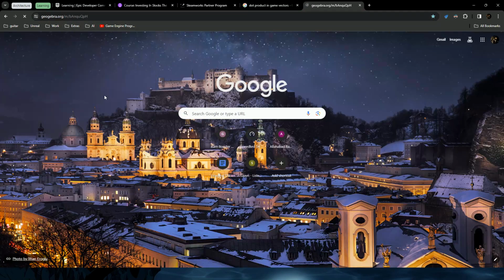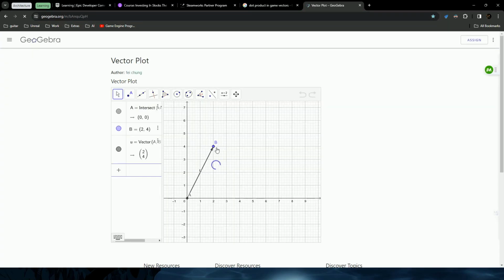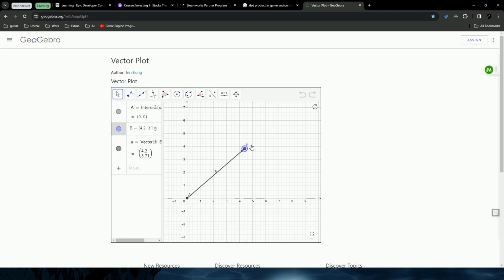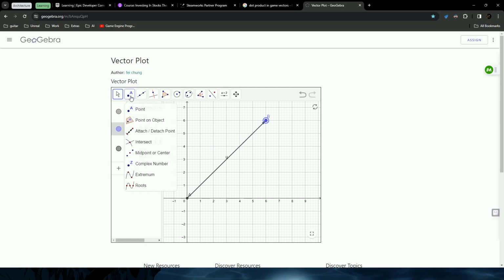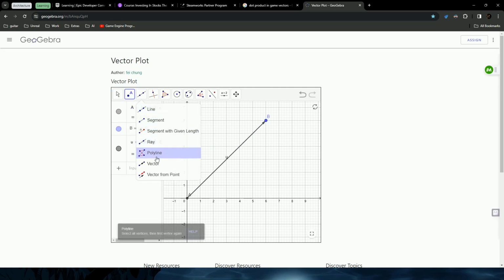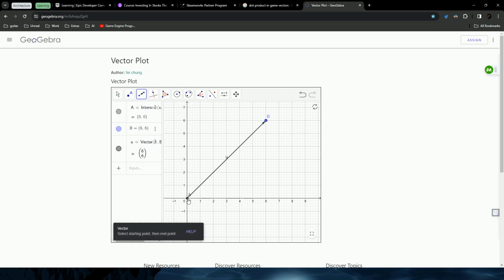Let me open that vector 2D. So this is one vector which is going from 0, 0, 0 to 6, 6. And I will draw one more vector, again from this to this.